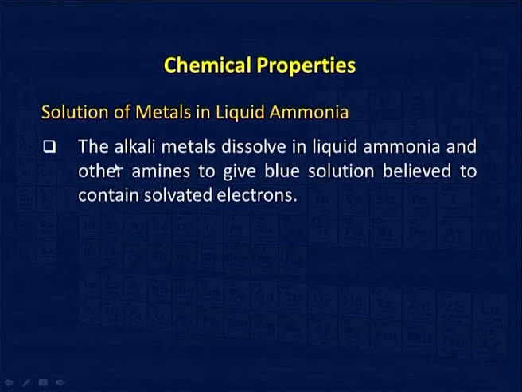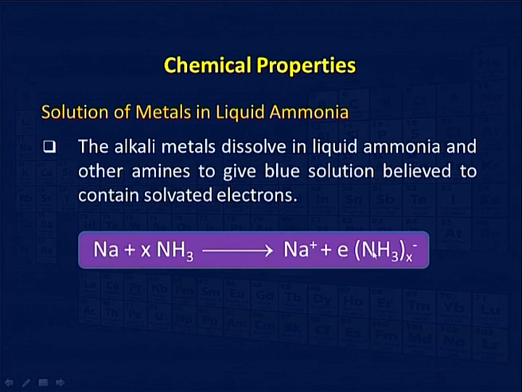You can see that they form a blue colored solution, which is believed to contain the solvated electron. You can see here the solvated electron, NH3x, the electron is e negative. So it forms this, and this conducts electricity. The solution in ammonia conducts electricity and is a very good reducing agent. This is the property basically.